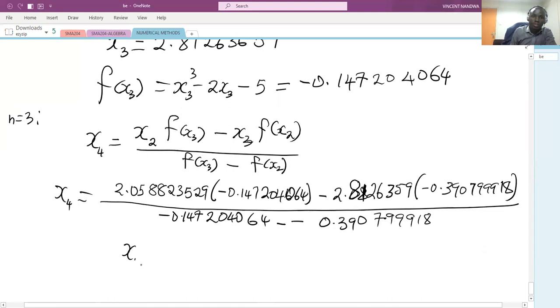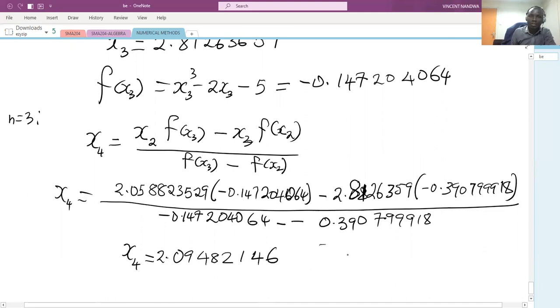When you put this value into the calculator, you should get 2.094482146.